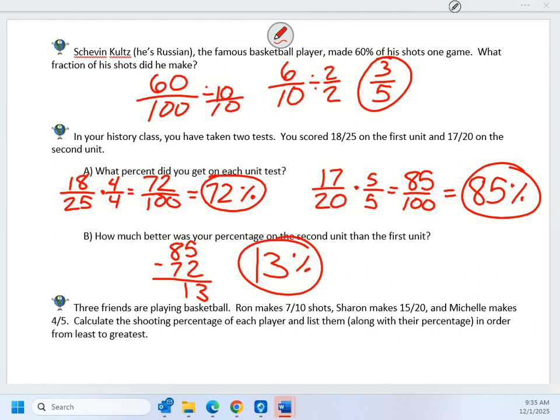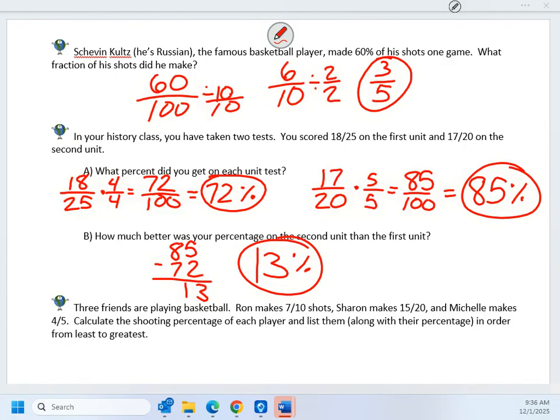So, you might just have to do something simple like finding the percent or finding the fraction. You might have to take it a step farther and do additional work to answer that question. Make sure you're reading your questions carefully so you can figure out what math we have to do each time.